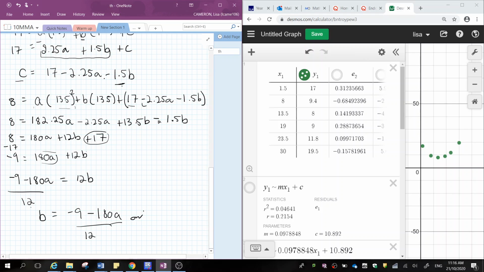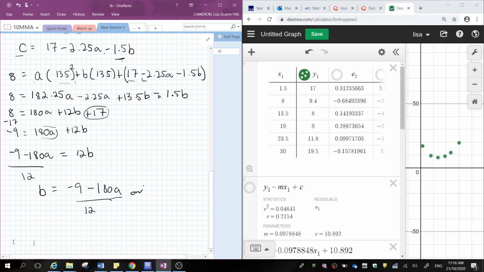Okay, so next thing that we're going to do is I'm going to use this as b, and I'm going to put it back in up here. Actually, where am I going to put this?